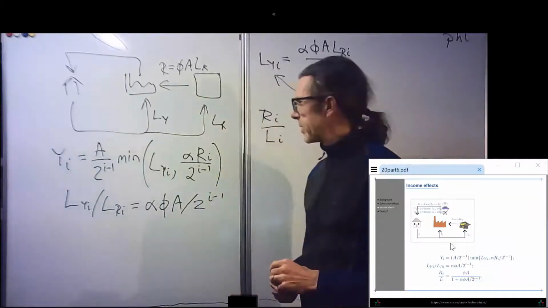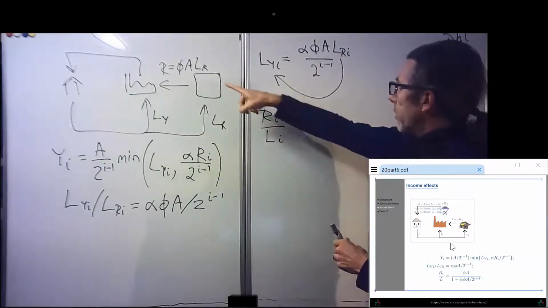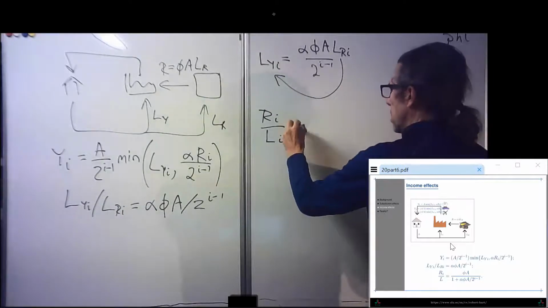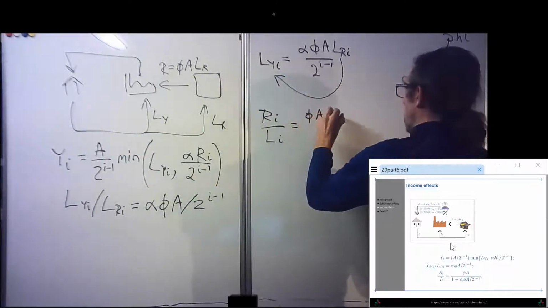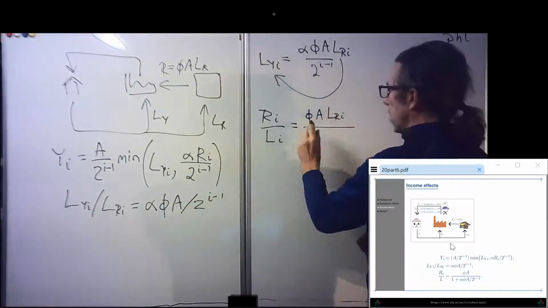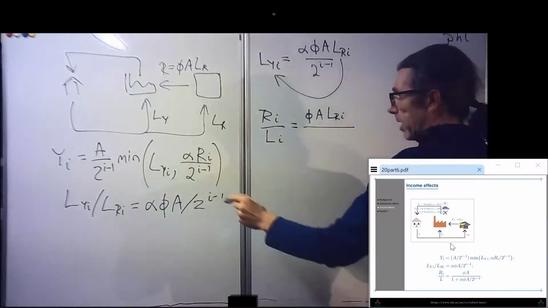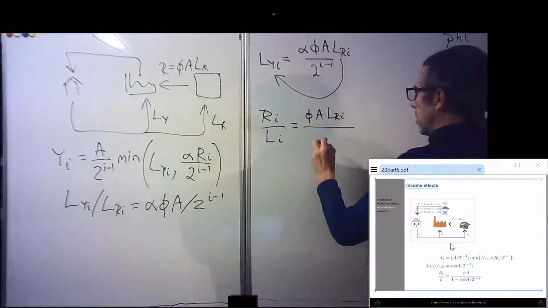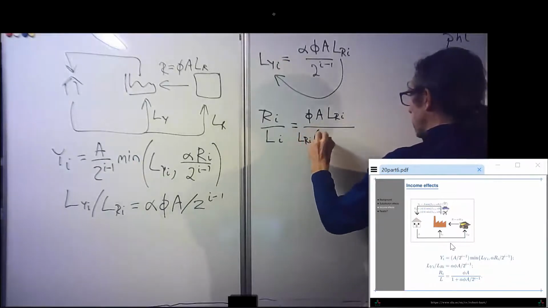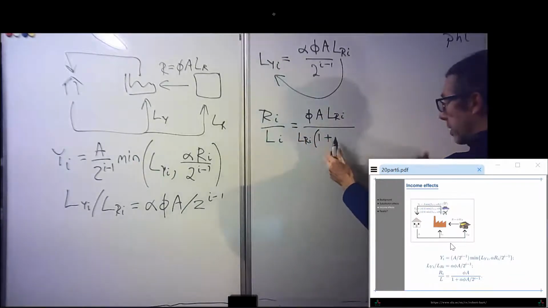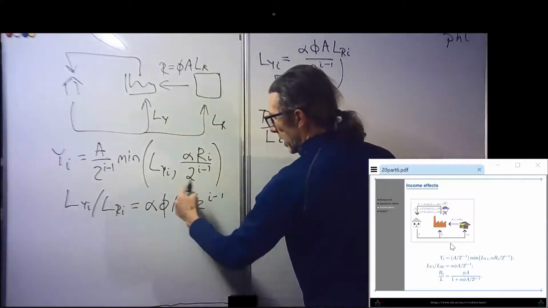Okay, I think I can see what to do here. So R_I is phi A L_RI. L_I is L_YI plus L_RI, which is L_RI times 1, that's the L_RI, and now we want L_YI, but L_YI is L_RI times this.